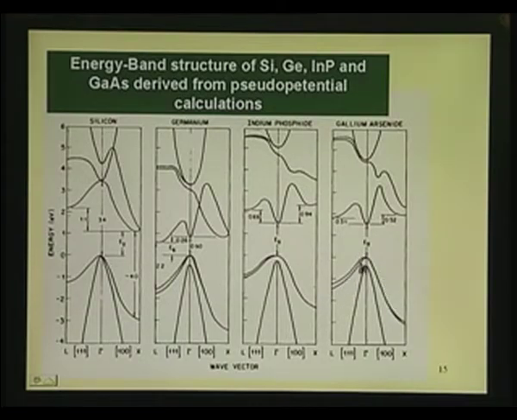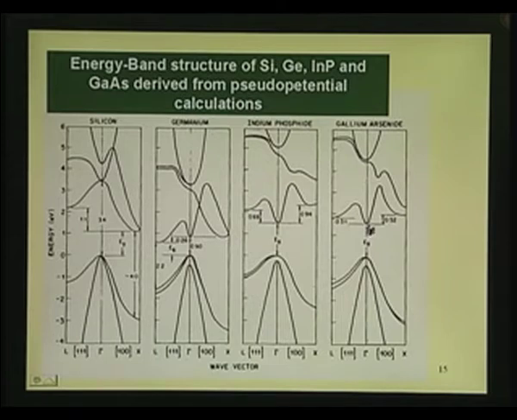The energy of the electron varies like this. Do not worry about the other lines, because the holes usually in the valence band occupy the highest energy position. The electrons in the conduction band occupy lowest energy position. So, this is the way the energy versus momentum will vary in the conduction band, and the lowest energy position is this.